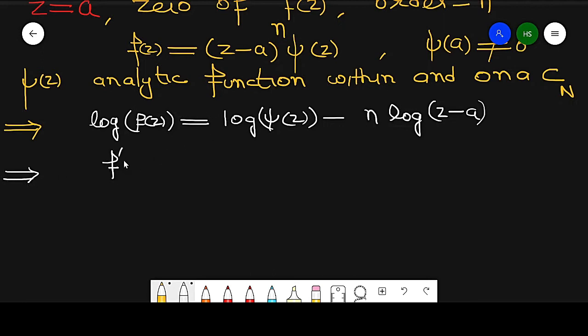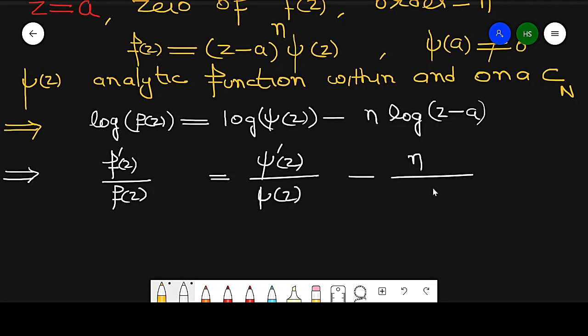So this value is f'(z) over f(z), and this is equal to psi'(z) over psi(z), and this is minus n over (z minus a).